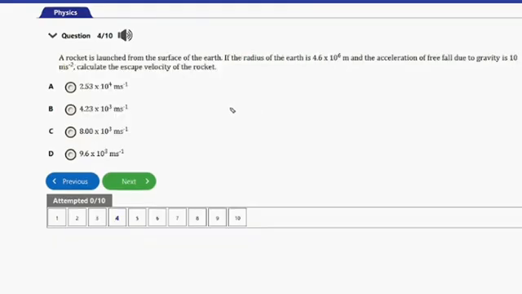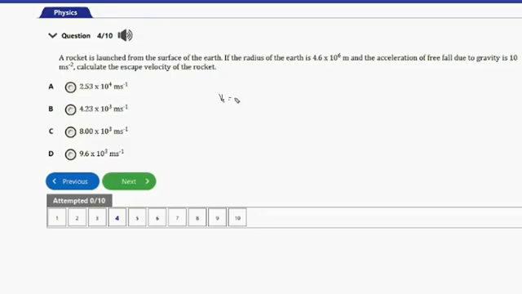The next question, question number 4, says a rocket is launched from the surface of the Earth. If the radius of the Earth is 4.6 times 10 to the power of 6 m, and the acceleration of free fall due to gravity is 10 meters per second squared, calculate the escape velocity of the rocket.